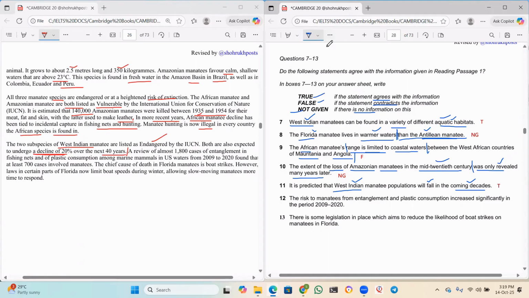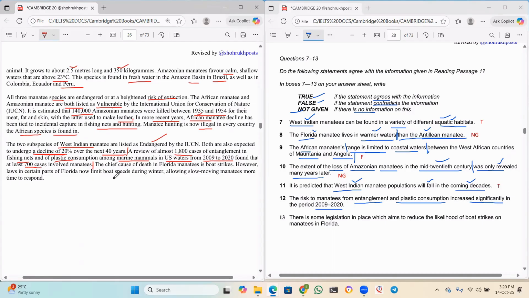Next one. The risk to manatees from entanglement and plastic consumption increased significantly in the period 2009 to 2020. Let us read. A review of almost 1,800 cases of entanglement in fishing nets and of plastic consumption among marine animals in US waters from 2009 to 2020 found that at least 700 cases involved manatees.